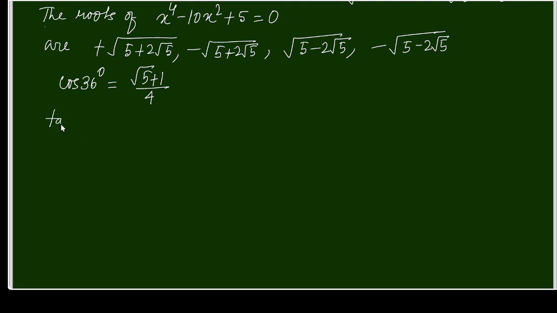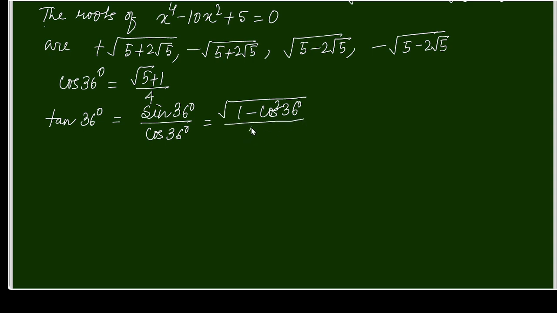Now coming to tan 36 degree. Tan 36 degree, we know that it is sine 36 by cos 36. Sine 36 is the square root of 1 minus cos square 36. I am not taking the negative value because 36 is an acute angle, it is in the first quadrant. Now putting in the value, this is the square root of 1 minus root 5 plus 1 by 4 whole square, whole upon root 5 plus 1 by 4.